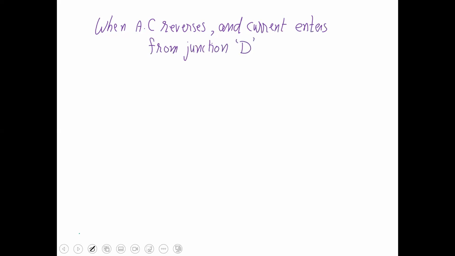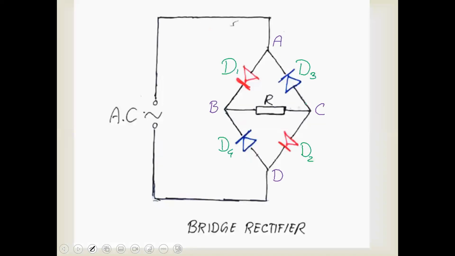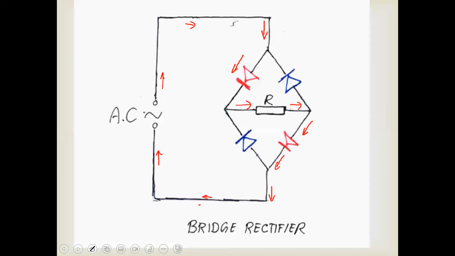In that case, which two diodes are conducting? D3 and D4, the blue ones. When it is coming from the back, the conductivity is for D3 and D4.